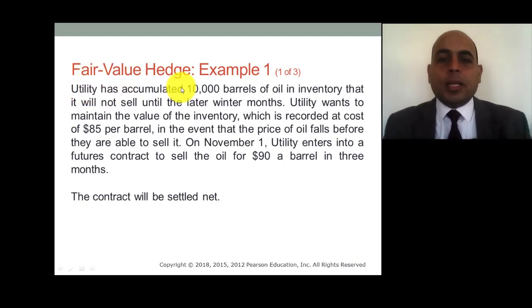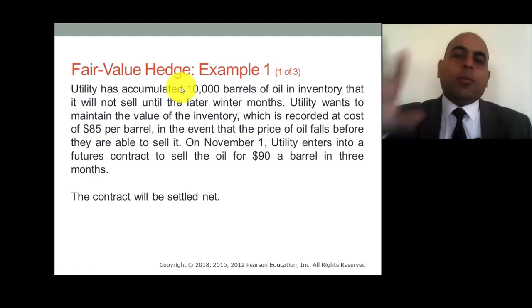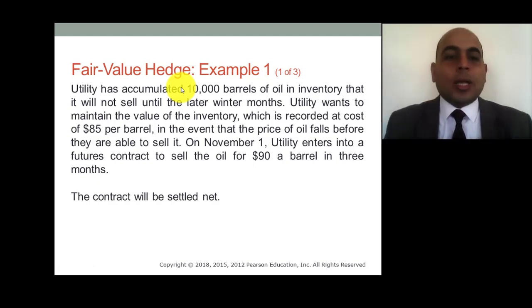Utility has accumulated 10,000 barrels of oil in inventory. Already we have the inventory that it will not sell until the later winter months. Utility wants to maintain the value of the inventory.